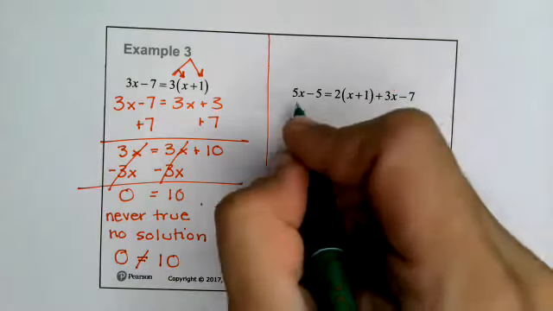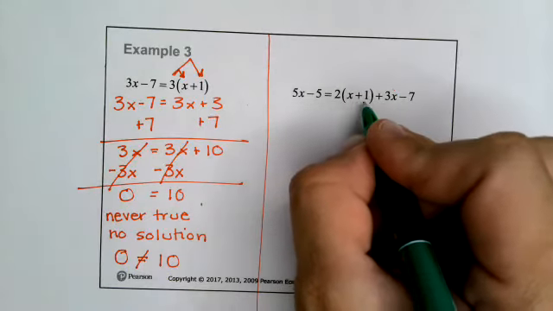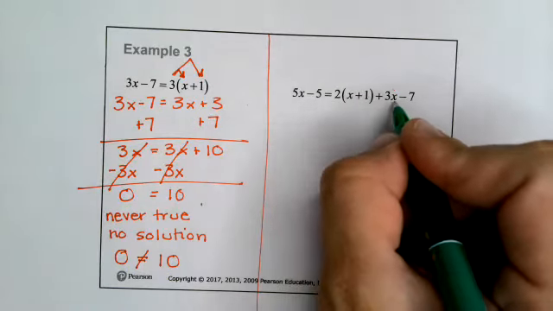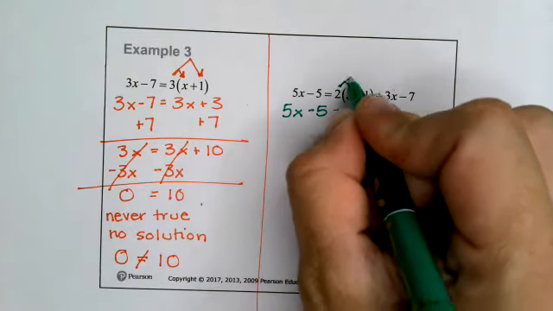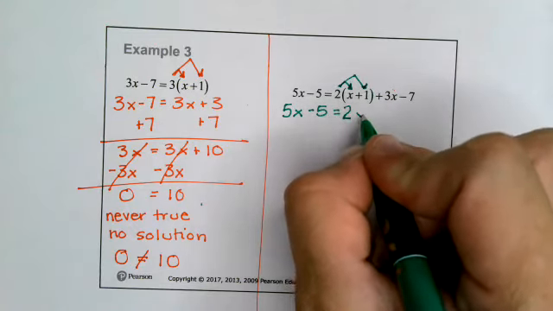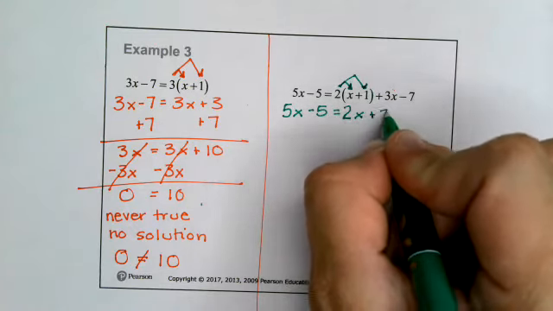Alternately, 5x minus 5 equals 2x plus 1 plus 3x minus 7. 5x minus 5 equals, I'm going to distribute the 2x. 2x plus 2 plus 3x minus 7.